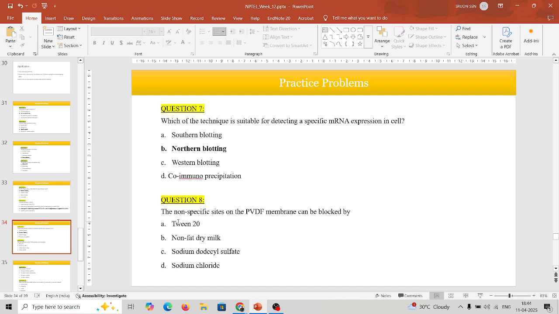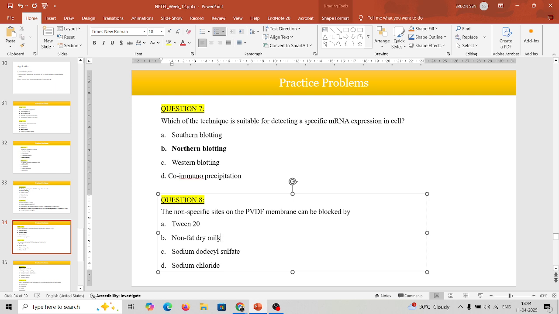The non-specific sites on the PVDF membrane can be blocked by Tween-20, non-fat dry milk, SDS, or sodium chloride. So as a blocking agent, we need to use some kind of protein, that is our milk protein. So we can use the non-fat dry milk. Tween-20 and SDS are simple detergents that we use during washing.